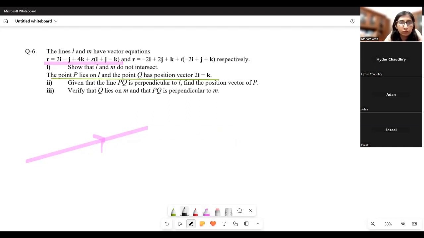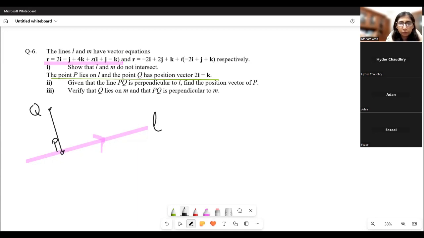So this is line L. Point P lies on it somewhere, and Q will be somewhere over here, because they're saying the line PQ is perpendicular to L.